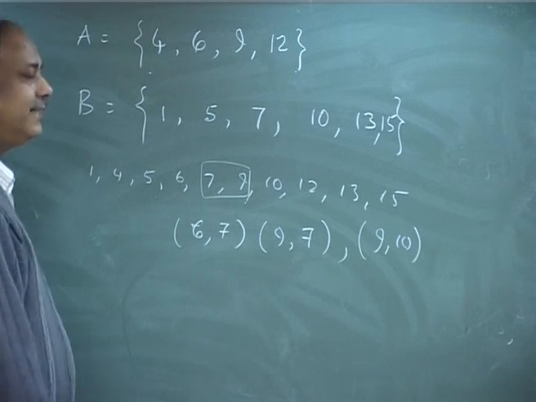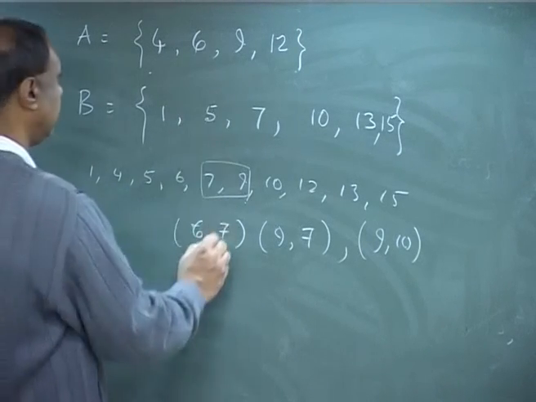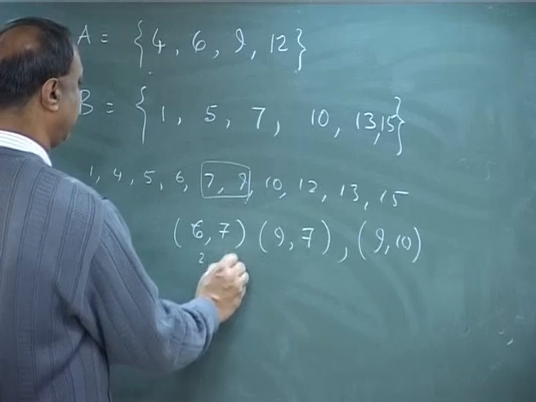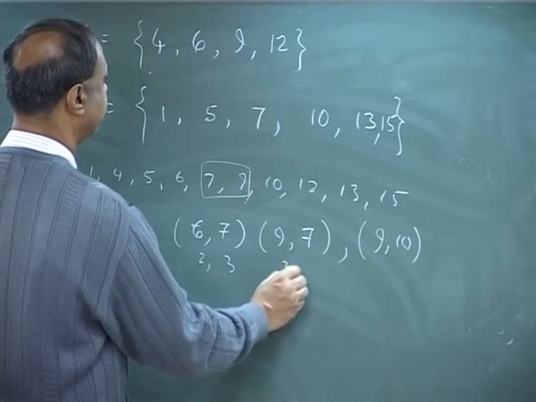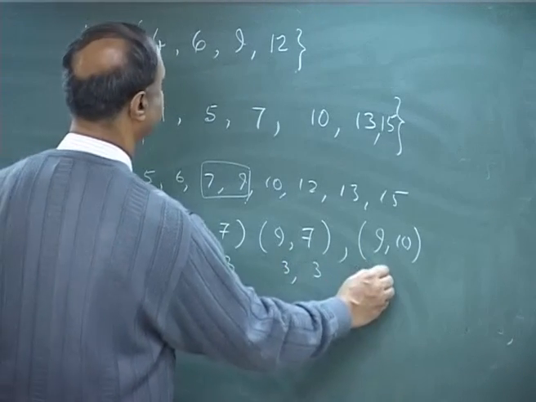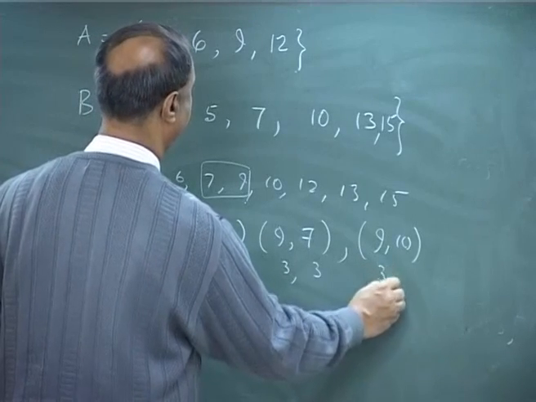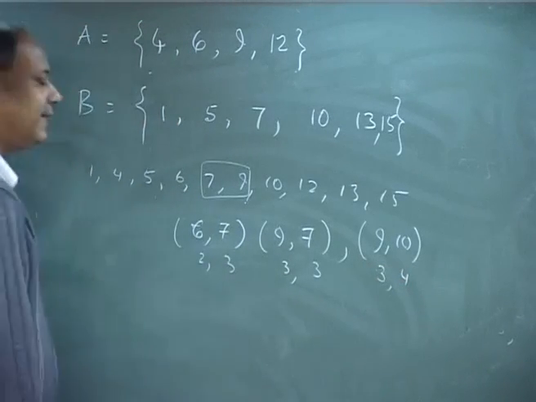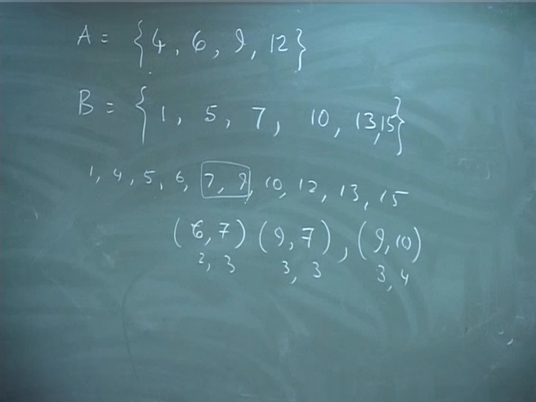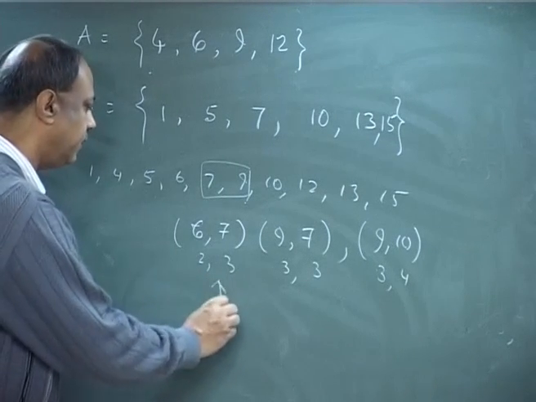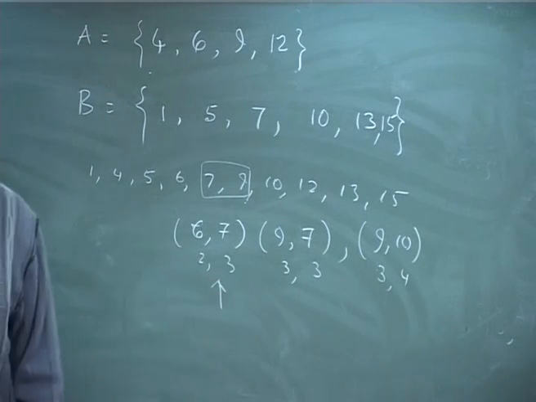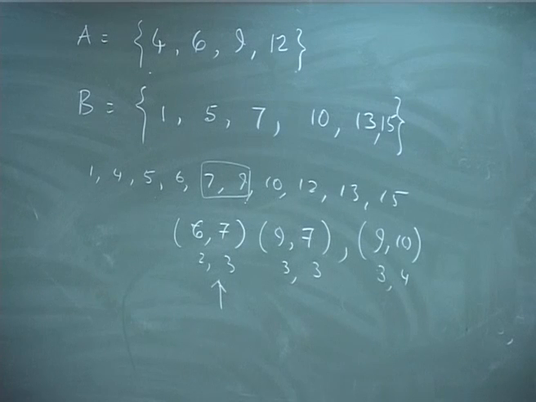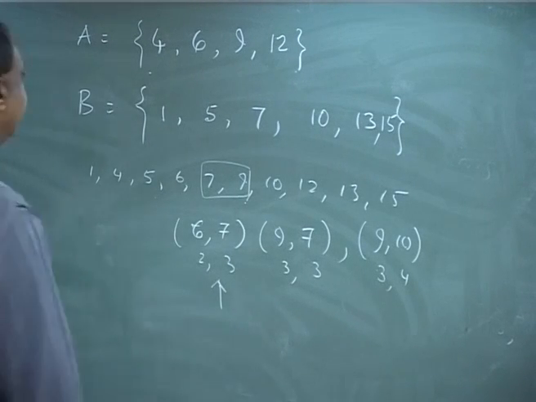So you will be selecting one. This index is 2, 3, this is 3, 3, and this is 3, 4. You will be selecting the one which is the minimum. So 6, 7, you will get as the median pair, with the understanding that 7 is the median.